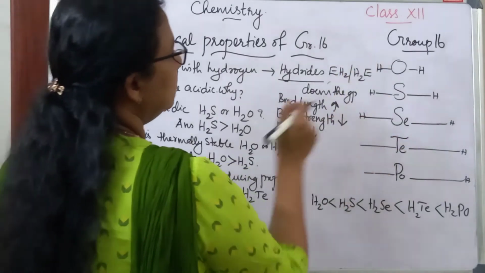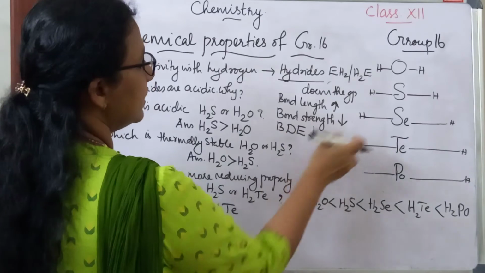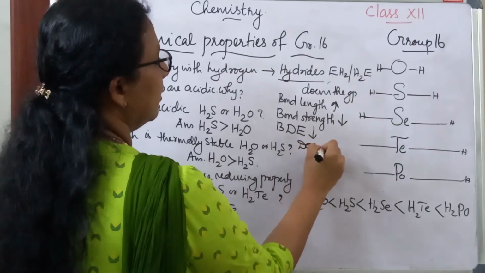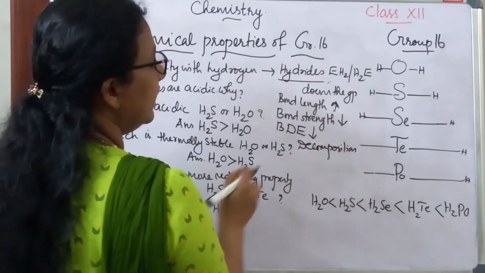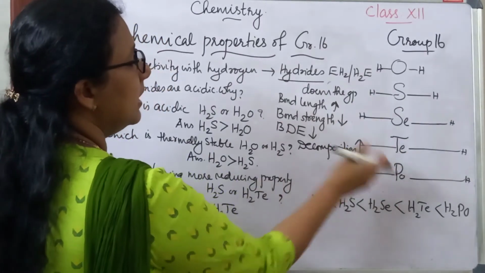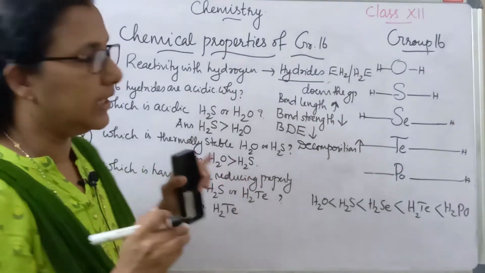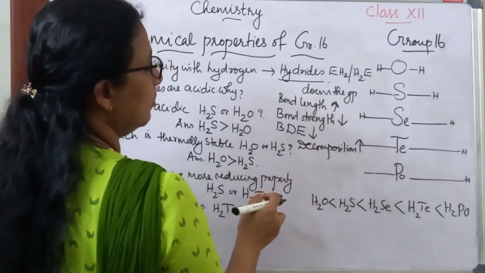When we are coming down the group, the bond length increases, bond strength decreases, and bond dissociation enthalpy decreases. So the decomposition process, that means when we are heating the compound, will be easy when we are coming down the group. The bond will be weaker, so it is very easy to decompose.